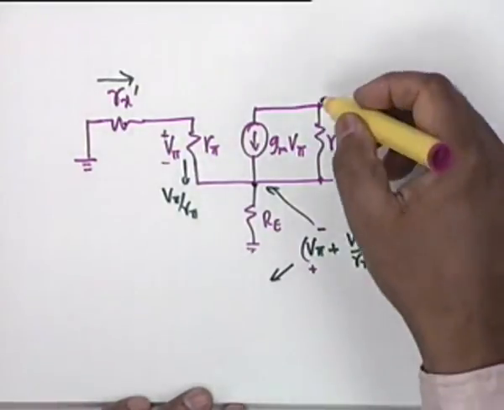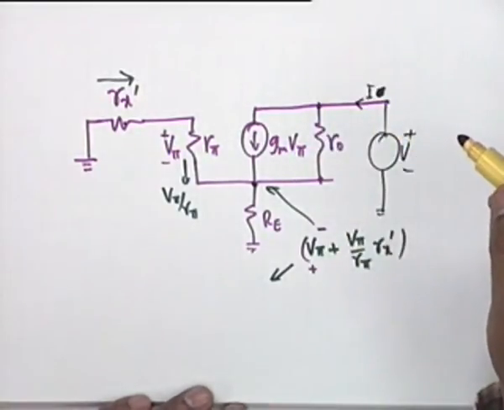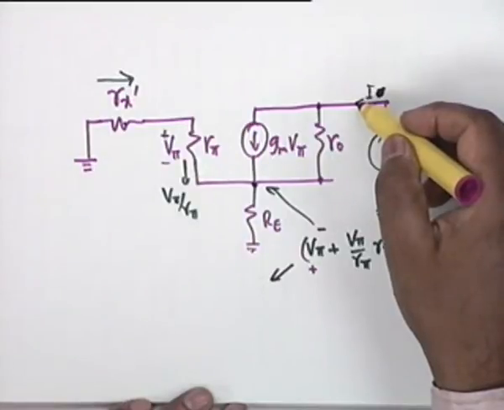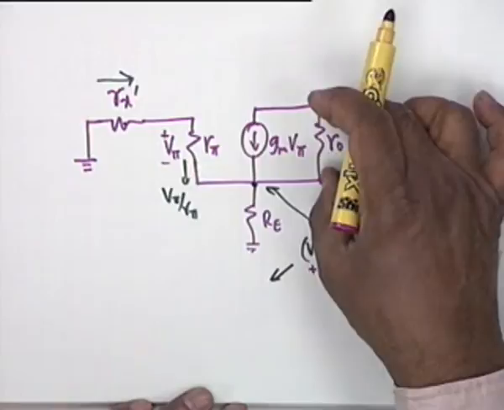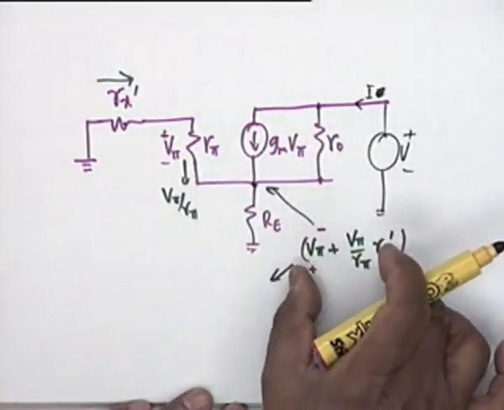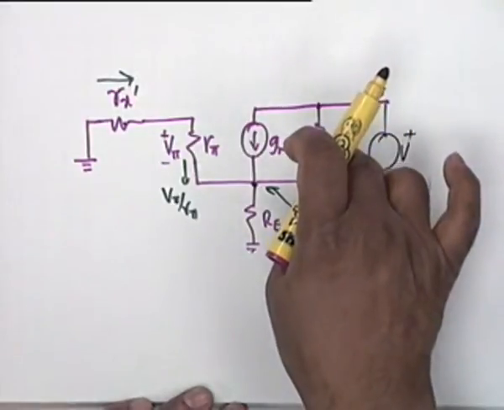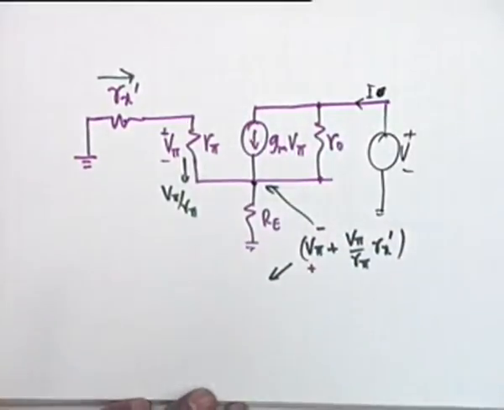wait a second, I want to write a node equation here. This I shall be equal to GM V pi plus the voltage across this, which is V minus this quantity divided by R0, one node equation. What else do I have to write? Current through?